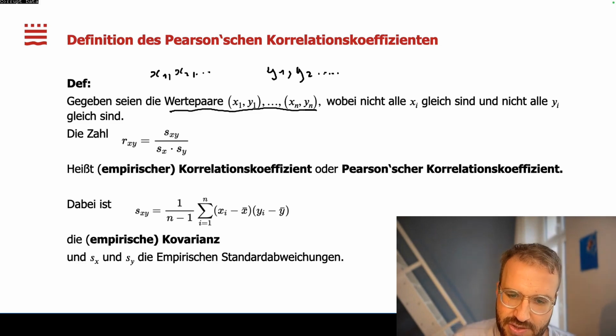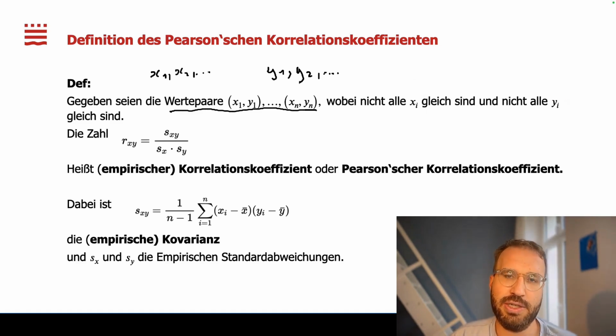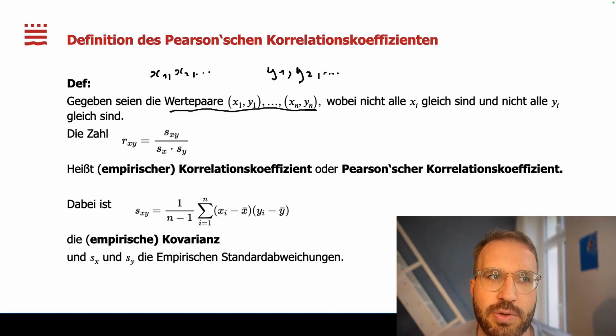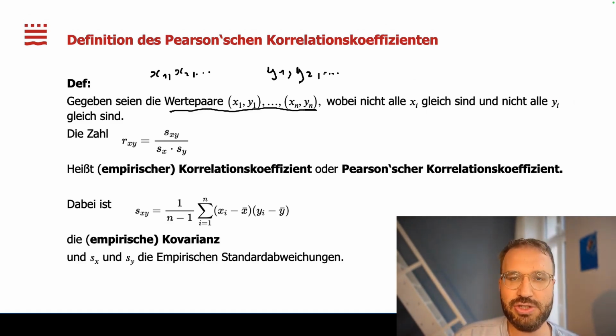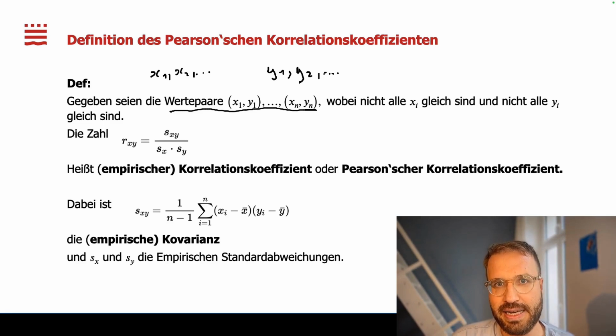And now we want to ensure that the x's and the y's are not all the same. This is essentially for technical reasons, because we want the variance to not be 0 or the standard deviation to not be 0, as we still want to divide by them. And as mentioned, one obviously does not want to divide by 0.